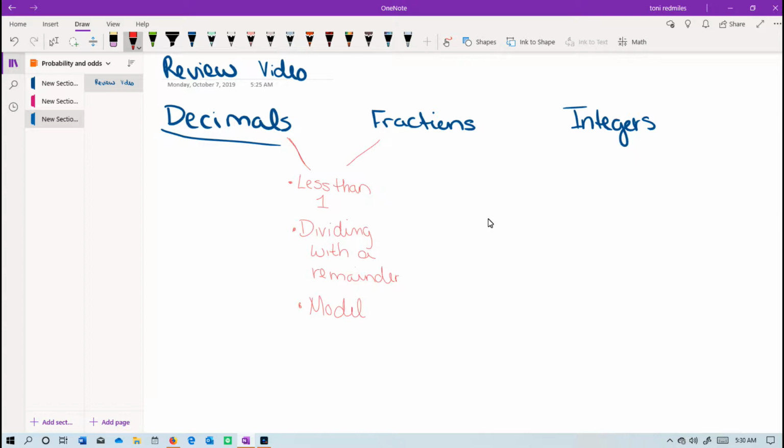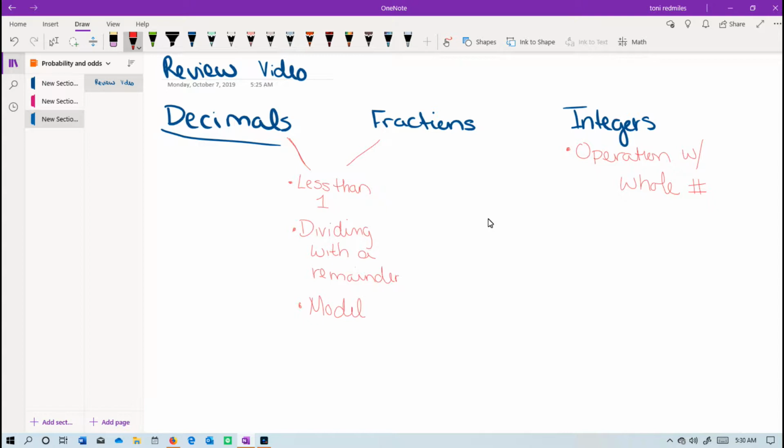Now for integers, the things you need to know is operations with whole numbers. You need to be able to do those operations with whole numbers. And when we do integers, we'll do absolute value, and we'll also do order of operations.